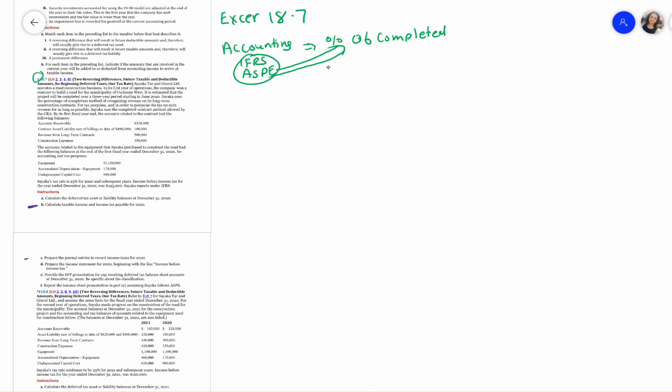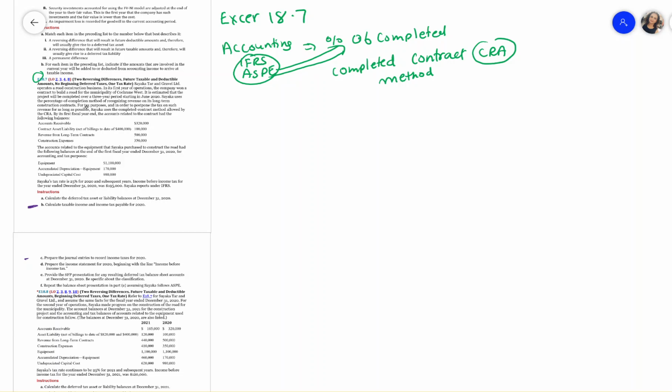They only recognize the completed contract method, where we recognize the gross profit at the end. So CRA recognizes only the completed contract method, not the percentage of completion method.